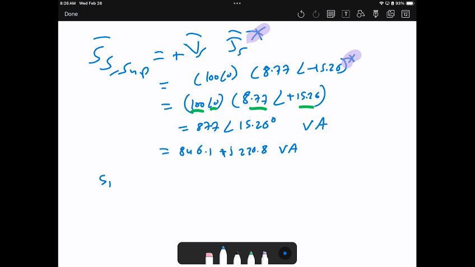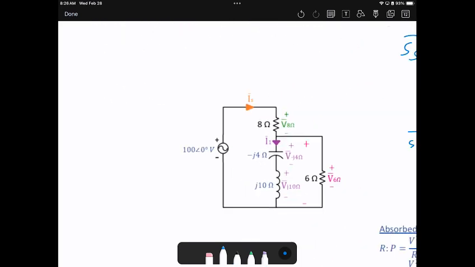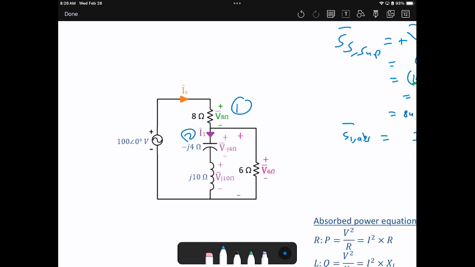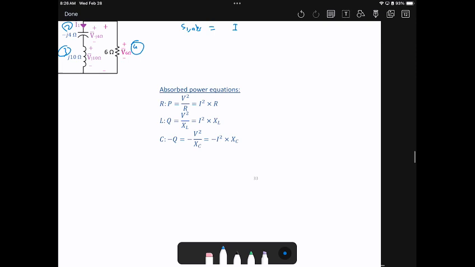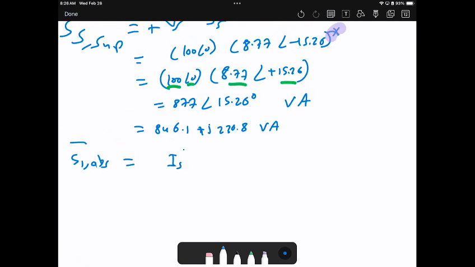We know the resistors are absorbing power, and the same goes for the passive elements. So let's start with element 1, which is the 8 ohm resistor, and I'm talking about absorbing, not supplying. It will be I squared. Let's see the current flowing in I1. The current here is IS flowing through element 1. So it will be the magnitude of IS squared times Z1 bar.